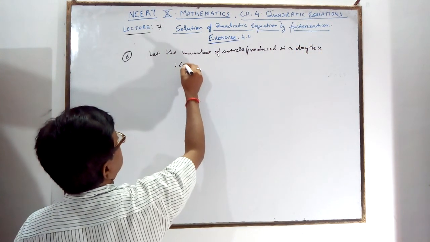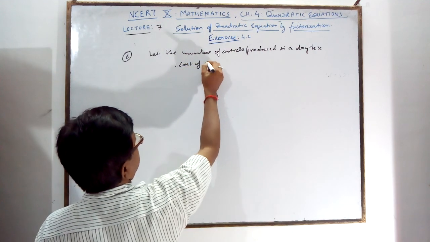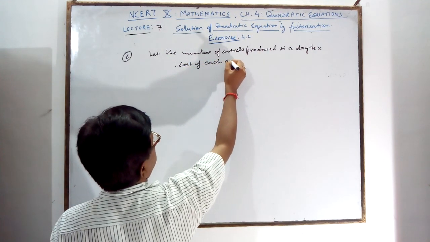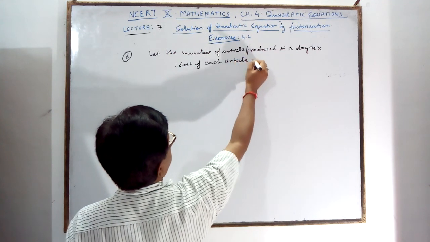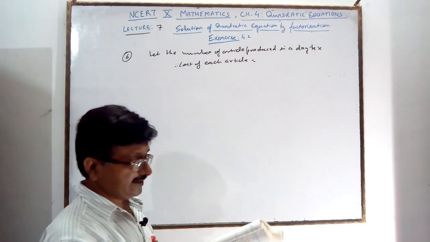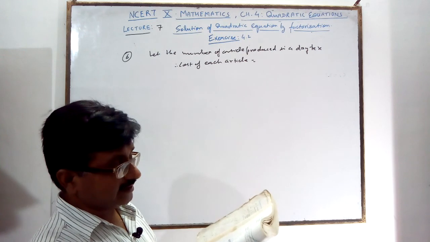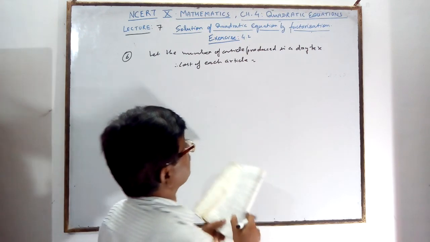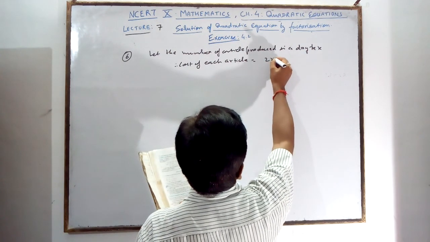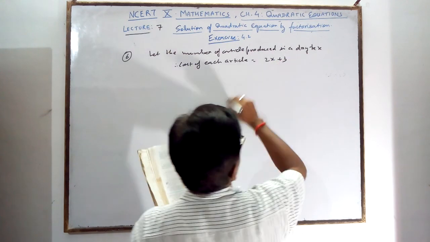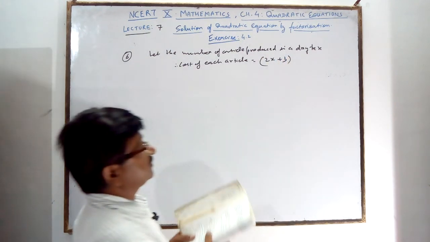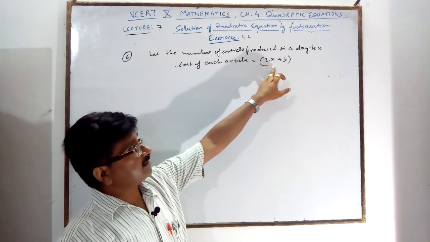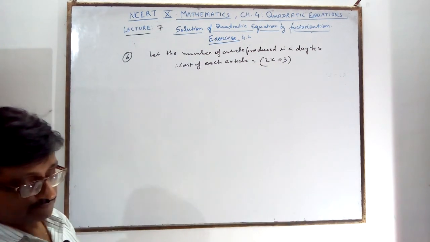So what is the condition given for the cost of each article? It was 3 more than twice the number of articles, so it is 2x plus 3.